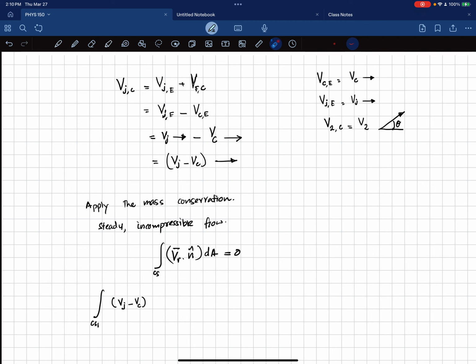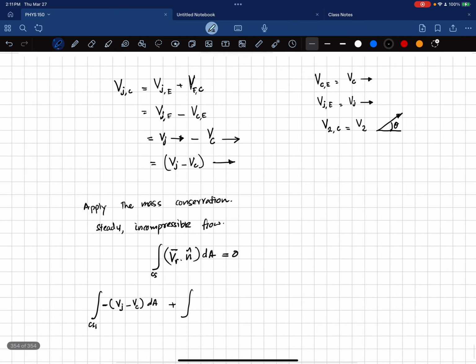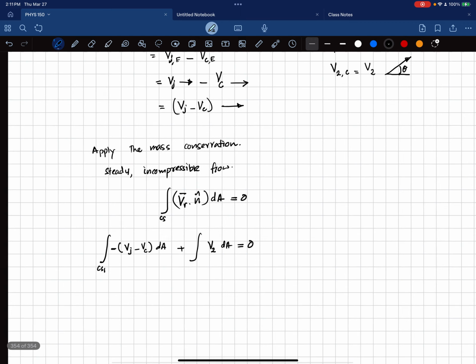But the outward normal vector is in this direction, so this becomes negative dA, plus V2, which is positive because the velocity and the outward normal vector are in the same direction, dA, equal to 0.